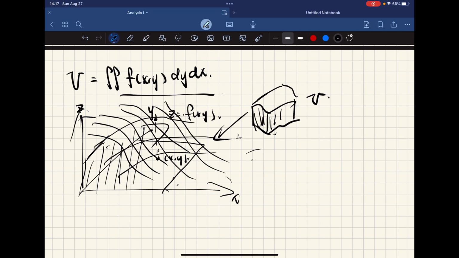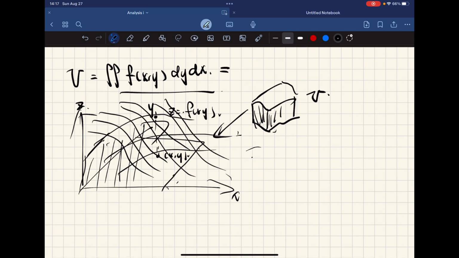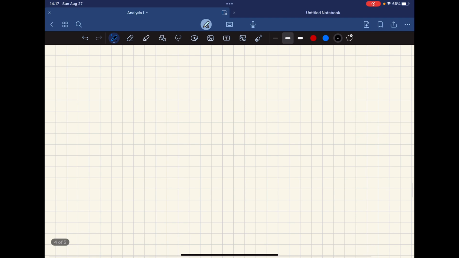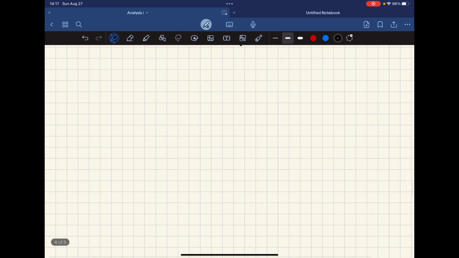It seems like so, at least. So maybe we will think that it is always true that the double integral of f(x, y) first integrated with respect to dy and then dx must be the same as first integrating with respect to dx then dy. But it turns out this is not true, and I can actually give you a not so involved example.